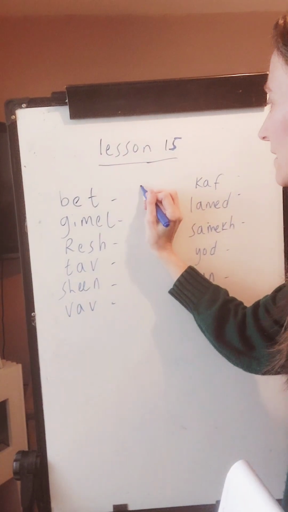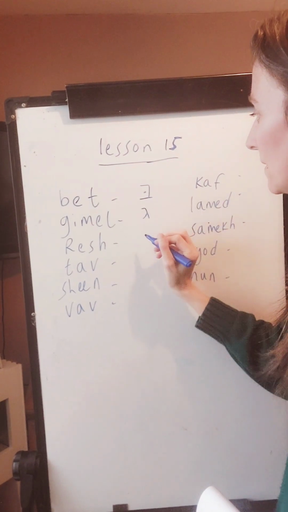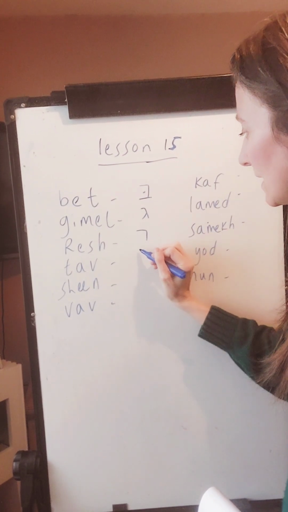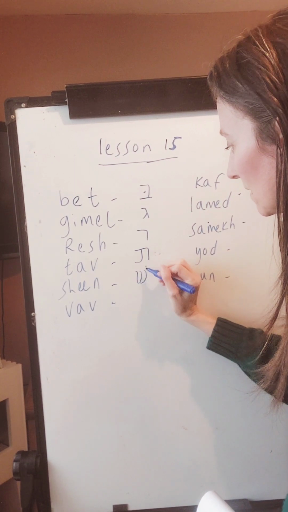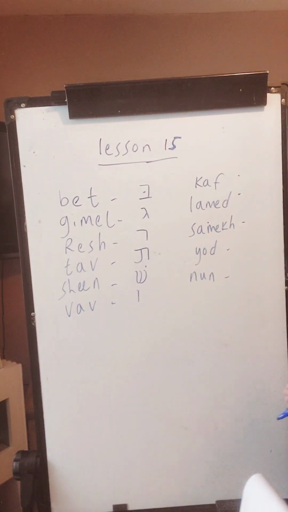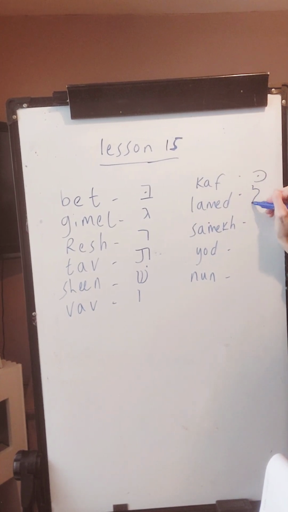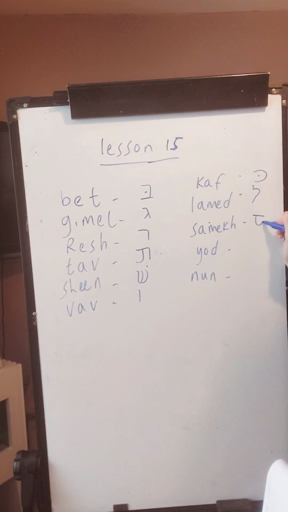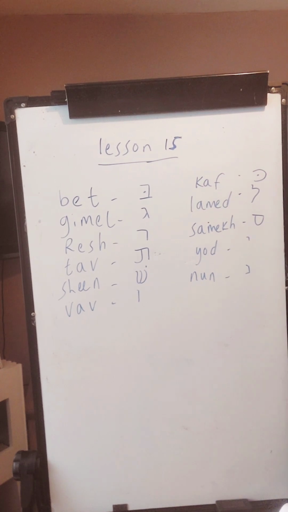So Bet, Gimel, Resh, Tav, Sheen, Vav, Kaf, Lamed, Samekh, Yod, and Nun.